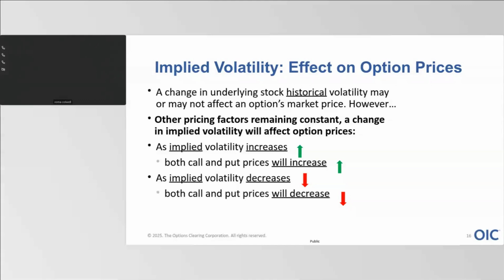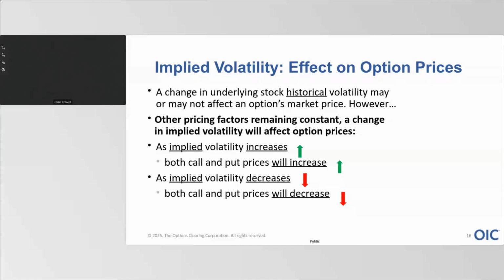If the price of a call is going up, which really means the extrinsic value of that option is going up, that means the put extrinsic value is going up too. If the call is in the money, it has intrinsic value, but it also has the extrinsic value, which is what implied volatility affects.